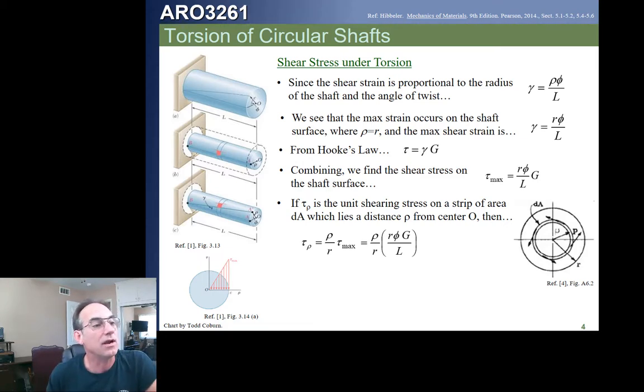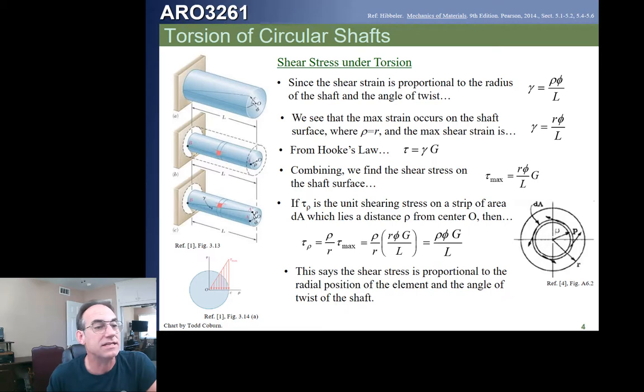Or we can go here and say that the stress at any point is just from trigonometry the rho, the distance to that, over the max radius times the max stress, which we can plug in here, and this gives us a relation between the shear stress at any point and the angle of twist.